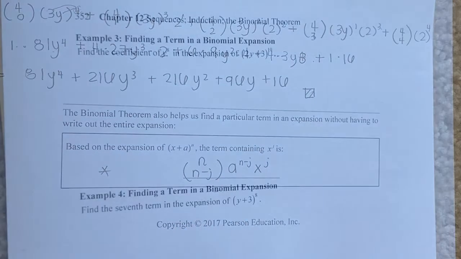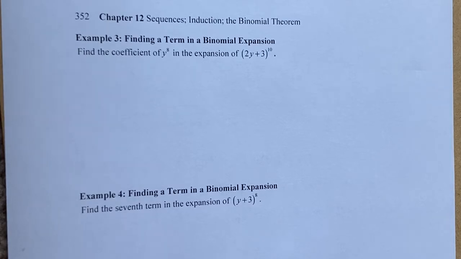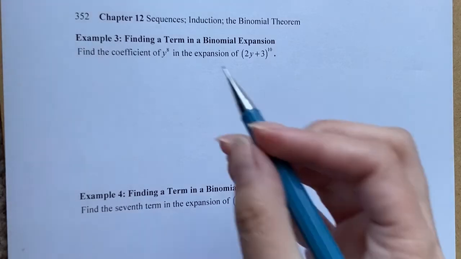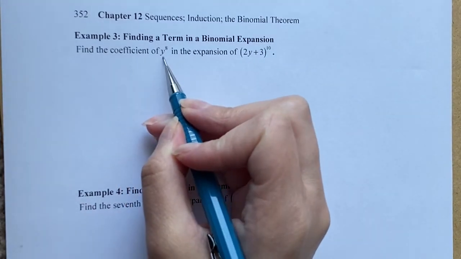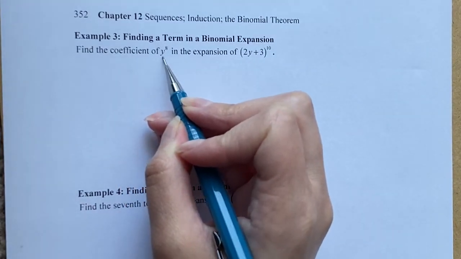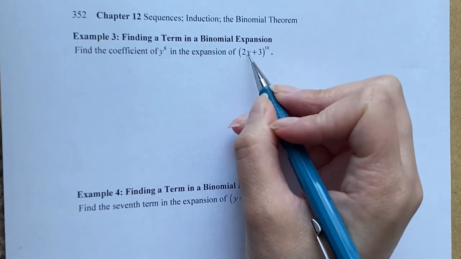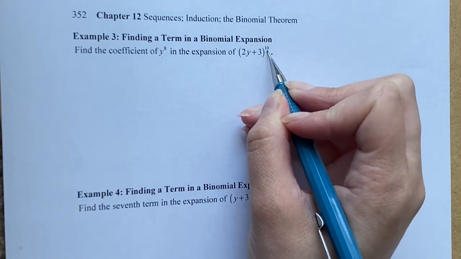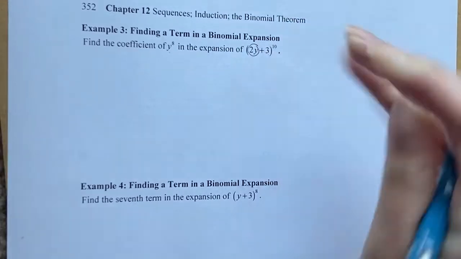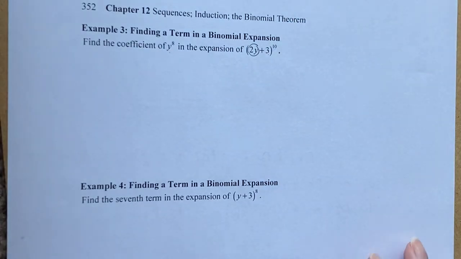Now, let's use the binomial theorem to find this. Find the coefficient of y to the power of 8 in the expansion of (2y plus 3) to the power of 10. Please note that this term is going to be together; that's going to be super important.